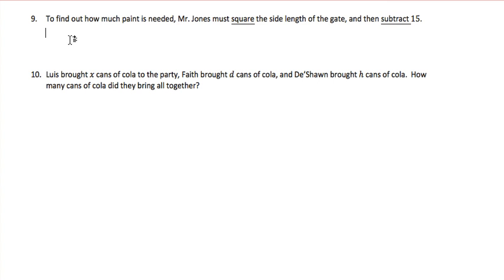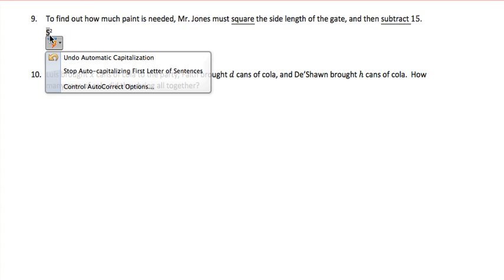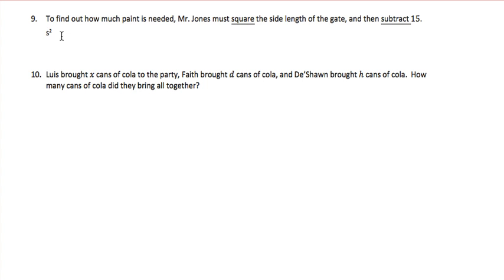We have the side length of the gate, and we don't know what that is, so we're going to make that an S squared. And then subtract 15. Square the side length, and then subtract 15.